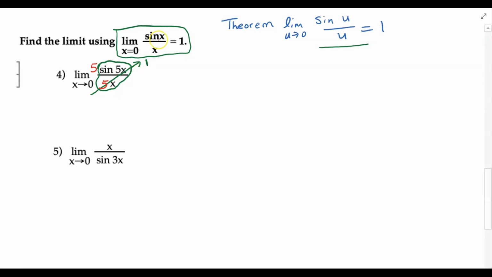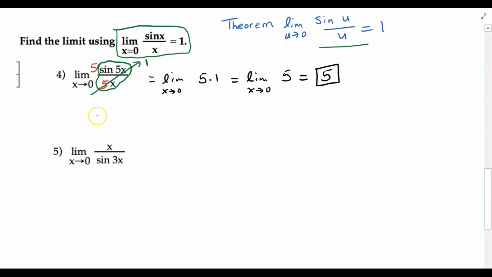So now what we have is the limit as x approaches 0 of 5 times 1, which is the limit as x approaches 0 of 5, and the limit of any constant is the constant itself. So the answer is 5.